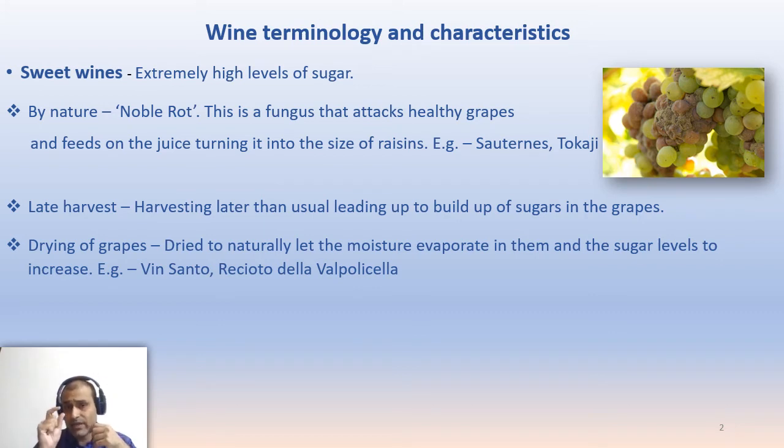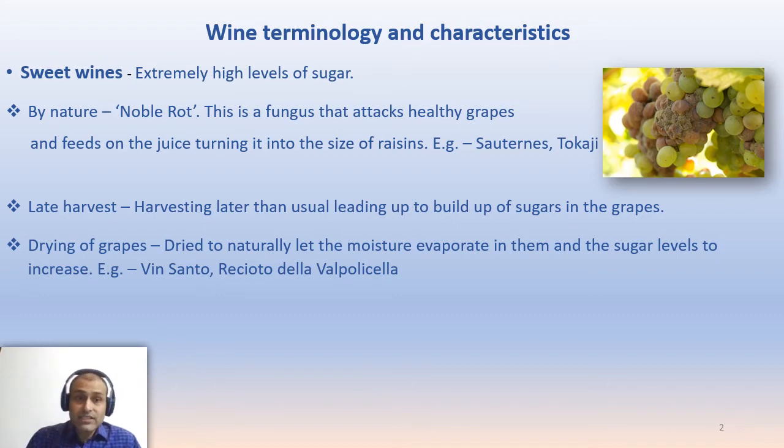The grape berry becomes smaller again, not the size of a raisin, but obviously not as big either. And after 3 months, there are chances that about 40% to 50% of the moisture of the grape has evaporated. And then you take these grapes, you start the fermentation, and you make wines like that.